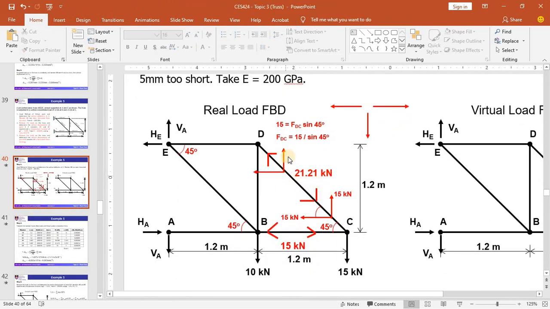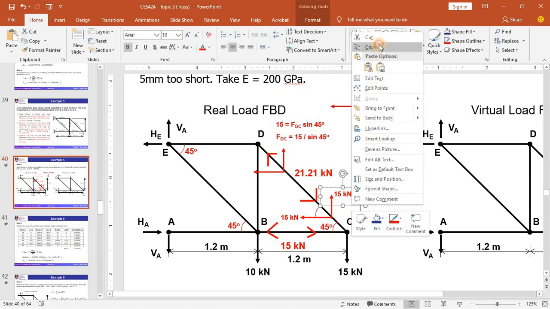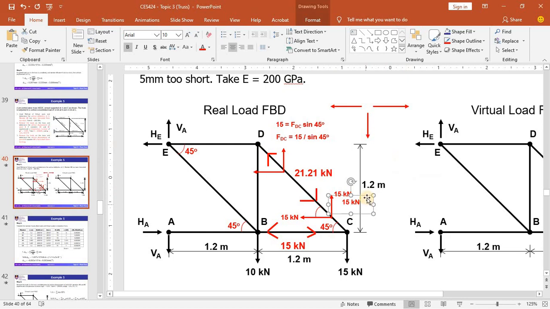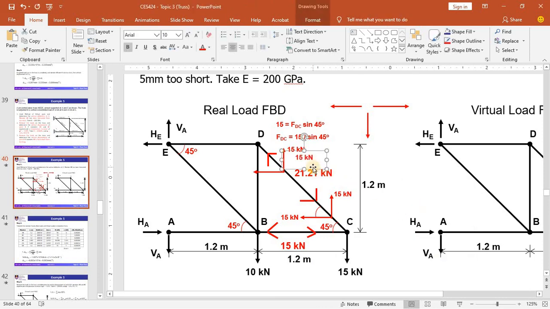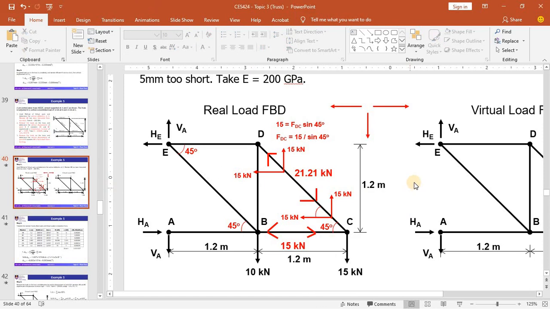We know that this is a component resulting from this internal force. This value is 15 kilonewton, based on the previous joint that we calculated. The horizontal component also gives the same amount, 15 kilonewton.